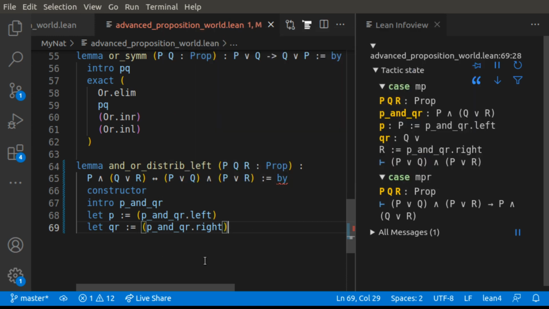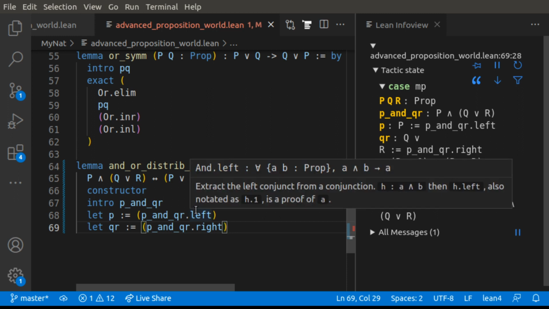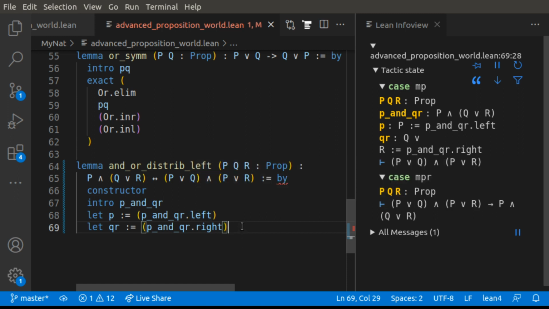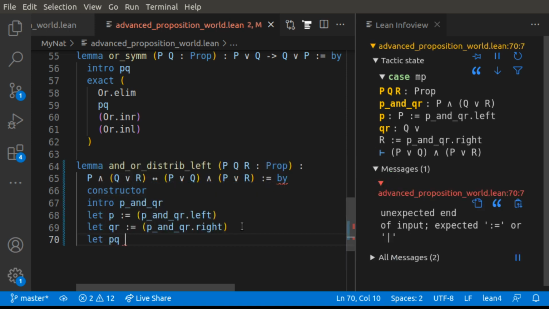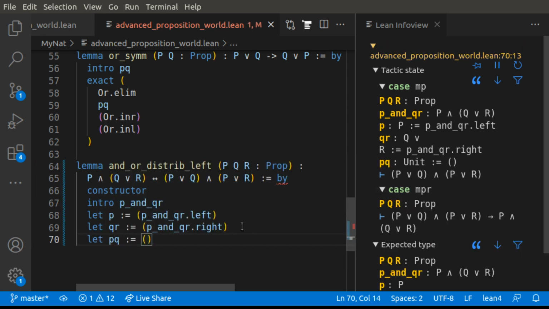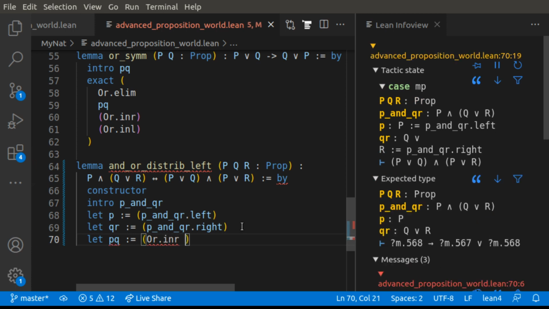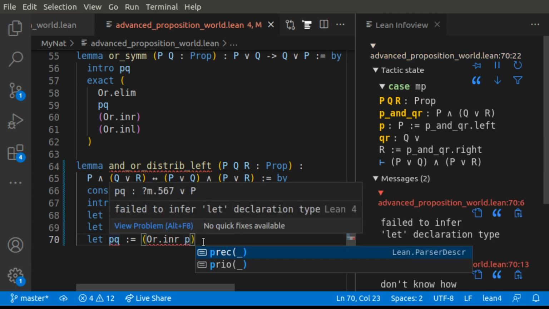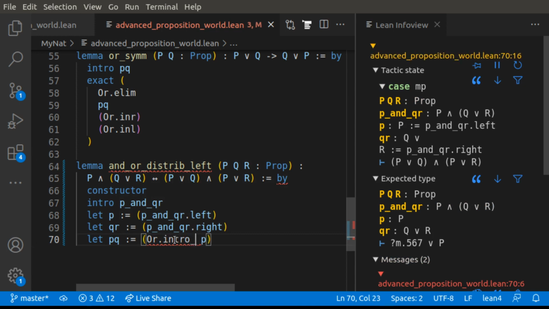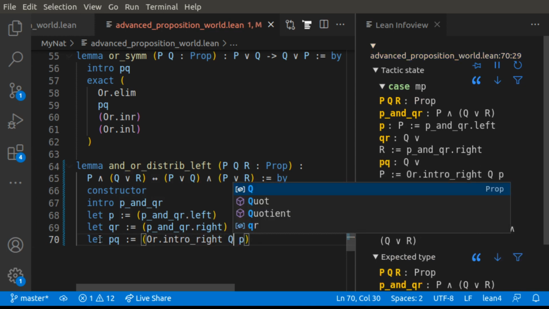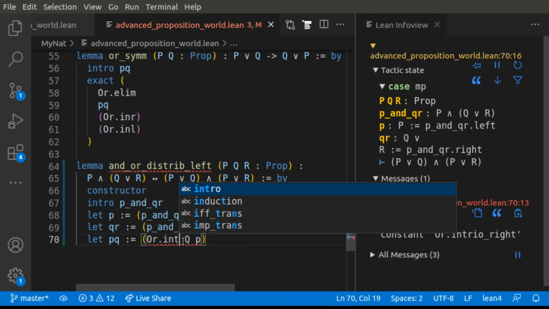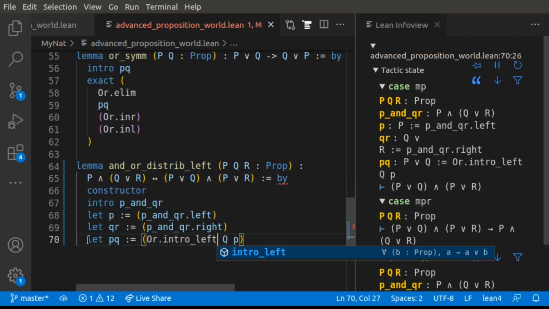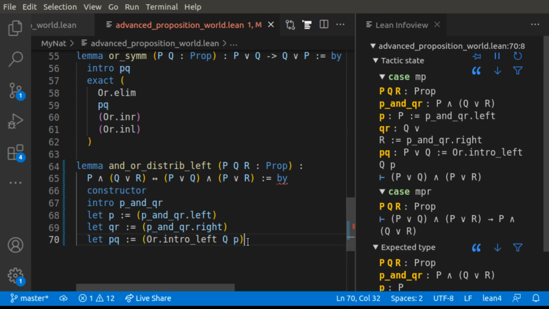And now we need to rebuild this whole mess. Now we need P or Q and P or R. Okay. Let PQ be or dot inr P, intro right QP, Q. Intro left P, okay.